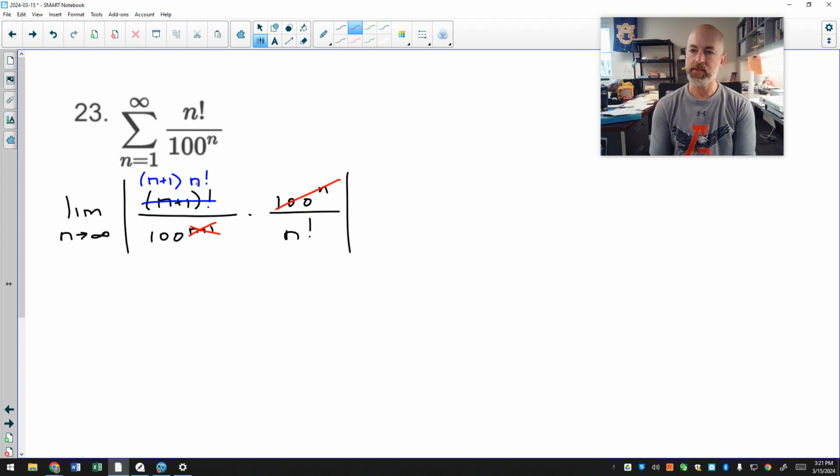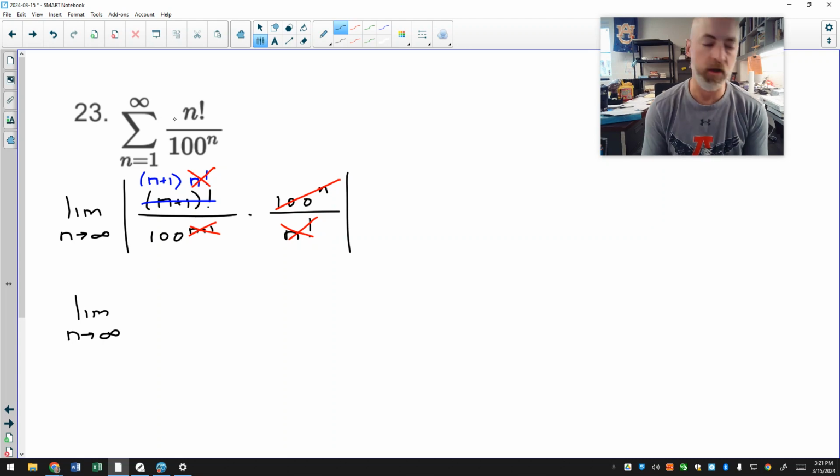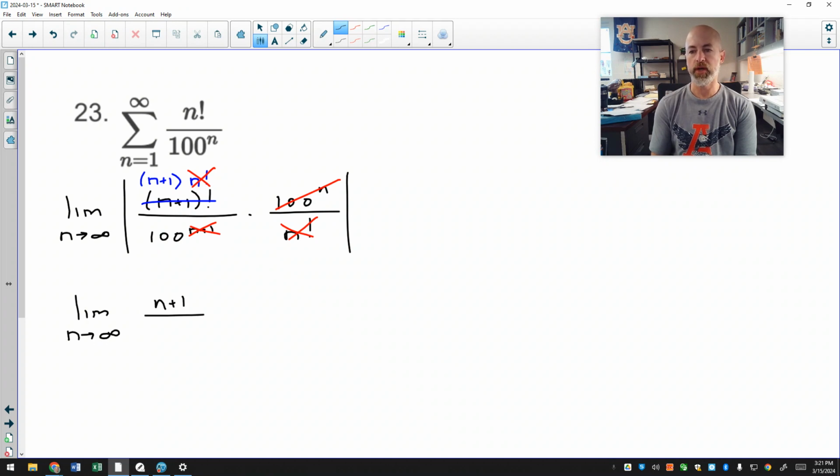And then I can cancel the n factorials. That leaves me with the limit as n goes to infinity of, and I can drop the absolute values because this is an always positive series anyway, n plus 1 in the numerator and 100 in the denominator. And as n goes to infinity, that is blowing up. That's approaching infinity, which again is greater than 1.